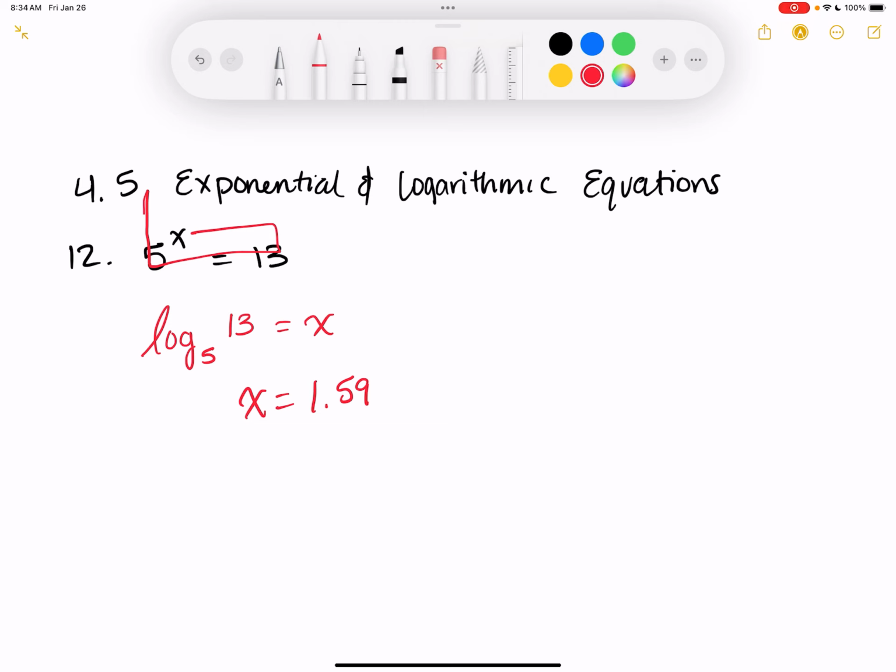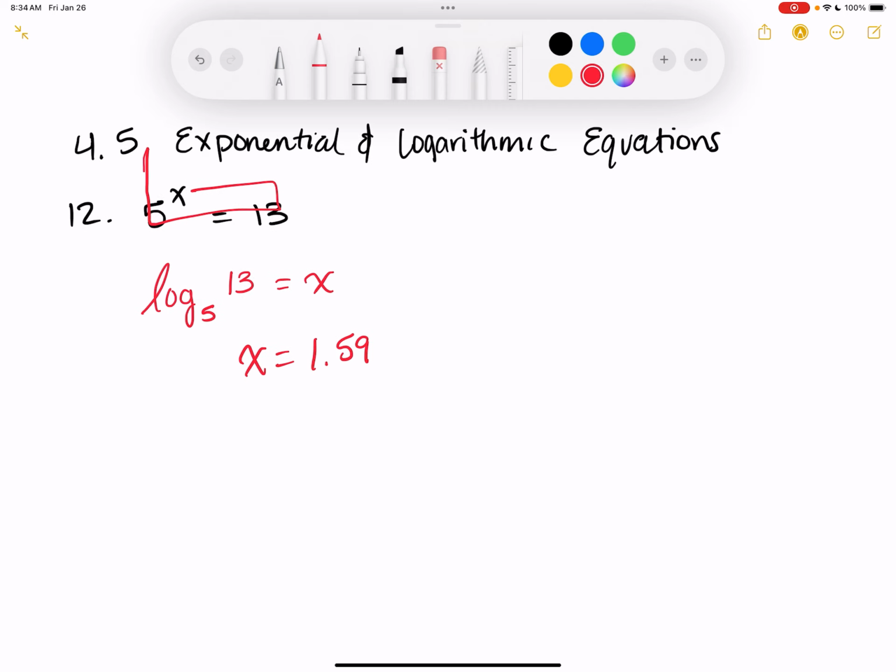Did we get that? Mine doesn't. Whenever I'm in math, I don't see the log. Okay. Let me see it for a second. I think I know what you're going to have to do.